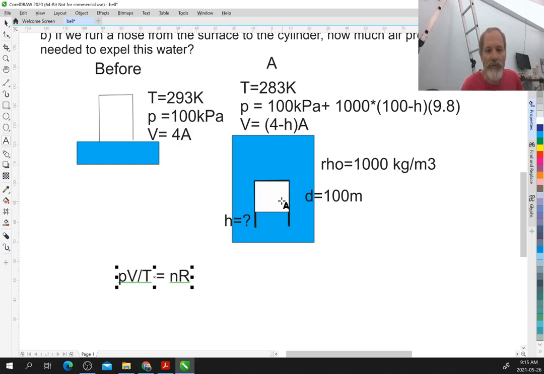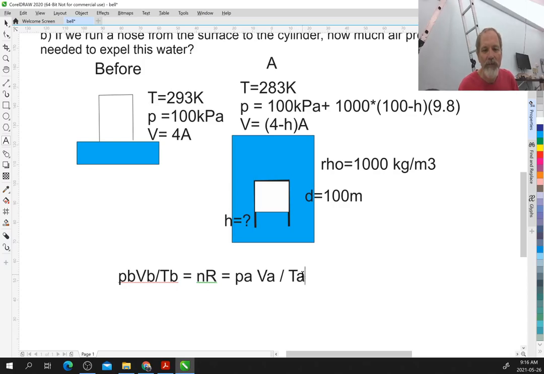The number of gas molecules here and here are going to be exactly the same. So P before, V before divided by T before is going to be equal to nR, which is going to be equal to P after, V after, divided by T after.